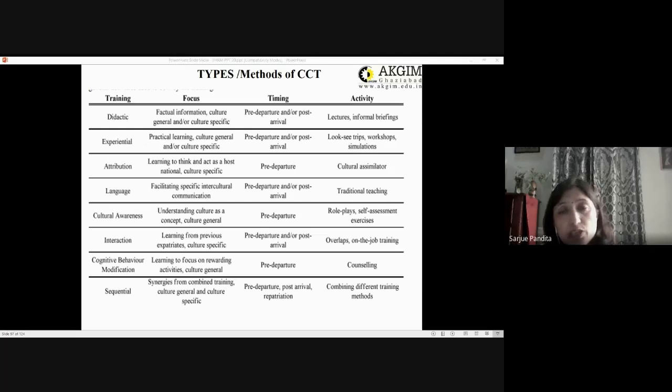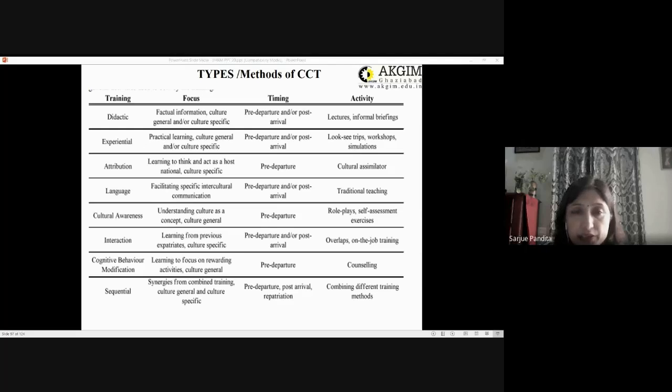So herein you need to have a look into yourself as well, whether you are ready to accept the other country's culture, and what your acceptance level is in the form of ability to get adapted to the host culture. So that is what will be the focus of cultural awareness training.